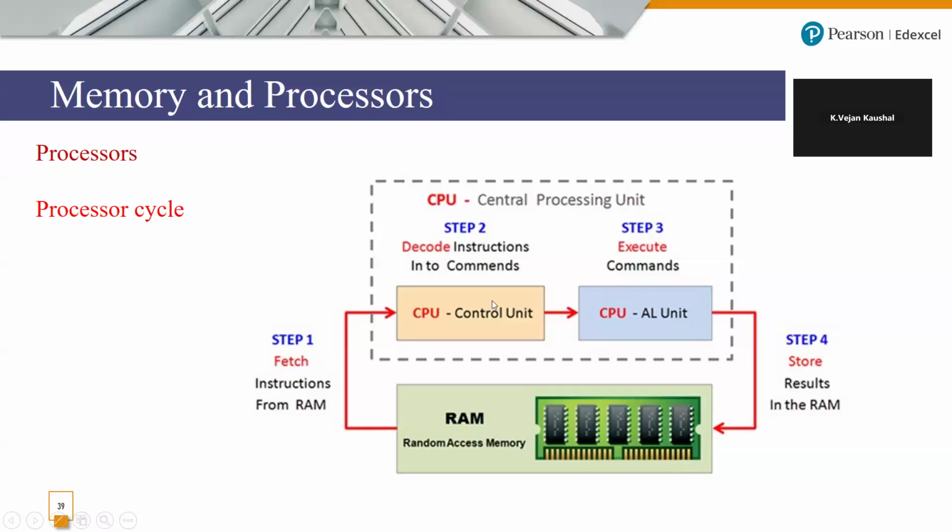Then the instruction is decoded in the control unit of the CPU. After that, those commands go to step 3, where they execute the whole program. After execution finishes, sometimes you have a total of your marks. Then they have to store that data in the memory, that is, in the RAM. Think about fetch.